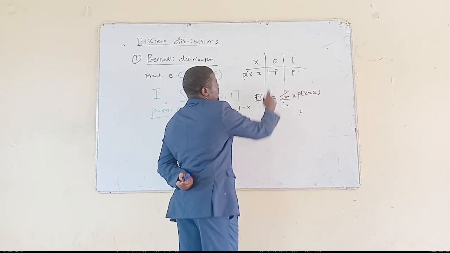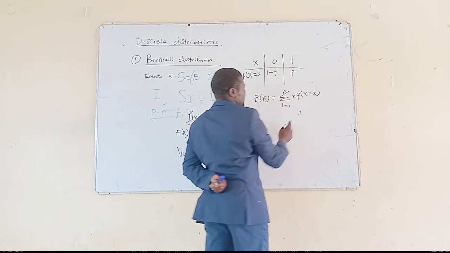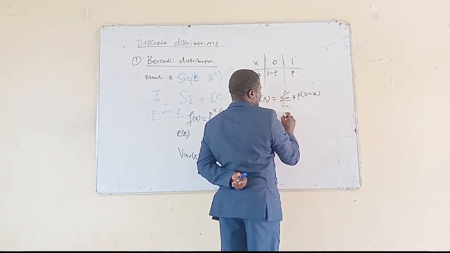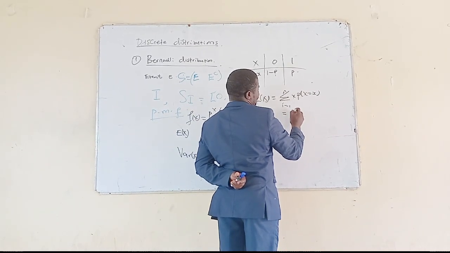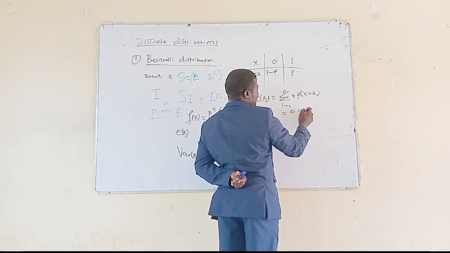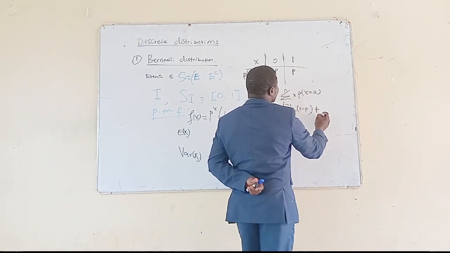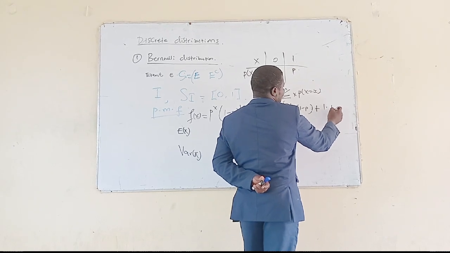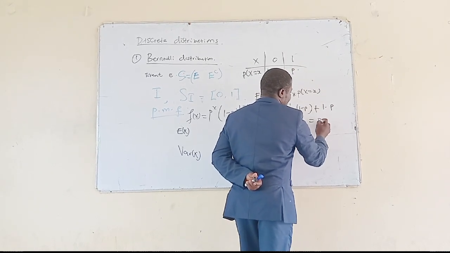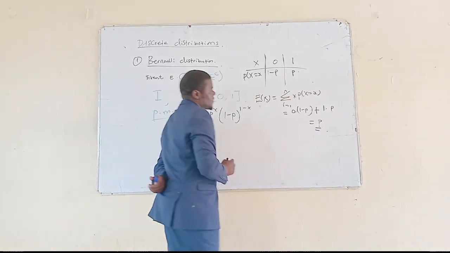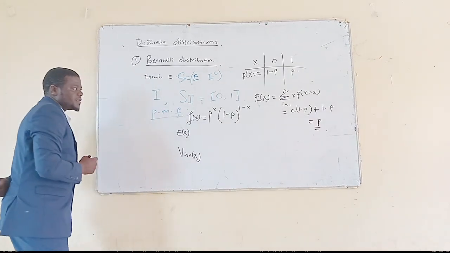You multiply these events by the probabilities and you sum them up. So that one will be 0 times 1 minus p plus 1 times p, and this one gives you p. So the expectation of that distribution is equal to p.